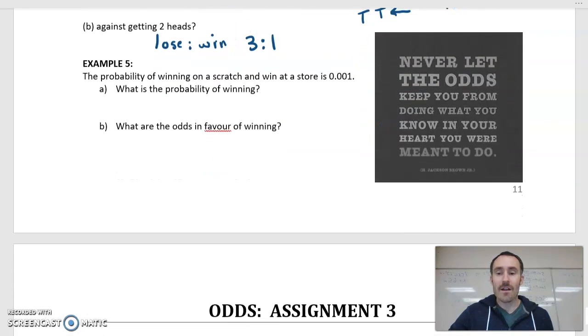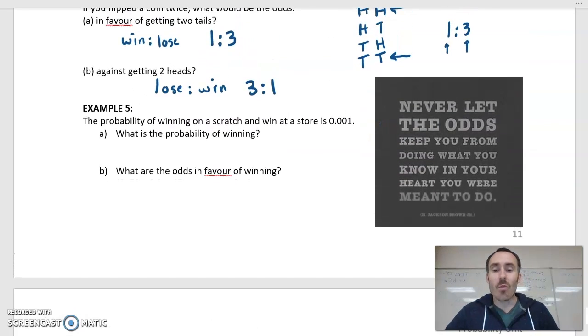One more. The probability of winning on a scratch and win at a store is 0.001. And we're talking about the probability of winning any tiny prize. Maybe you'd win $1. That would still count as a winner. So these odds, 1 in 1,000, that's really the probability of winning anything.